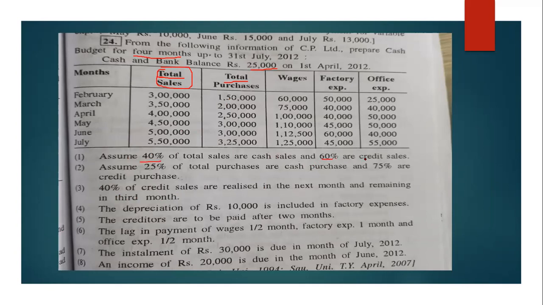Now this 60% credit sales we have to again bifurcate into two parts. 40% credit sales are realized in the next month, so we have to again make it 40% and 60%.